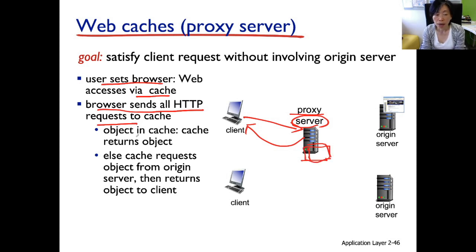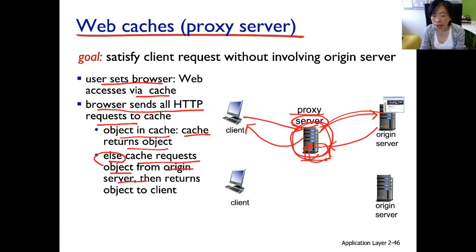So if the object is in the cache, the cache returns the object. Otherwise, the web cache would request from the server a copy of the object. So the proxy server here is behaving like a client of the original server. The web cache requests the object from the original server like a client.